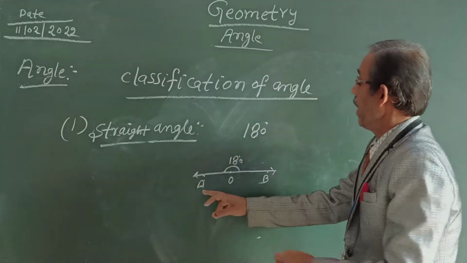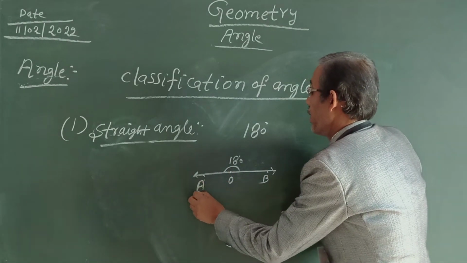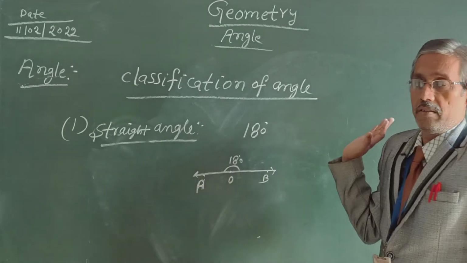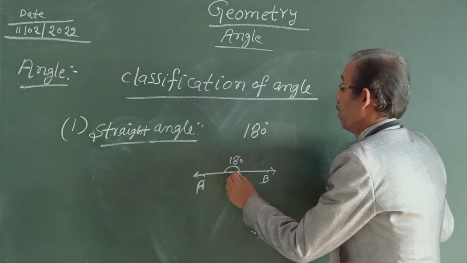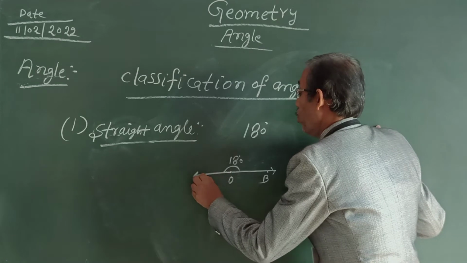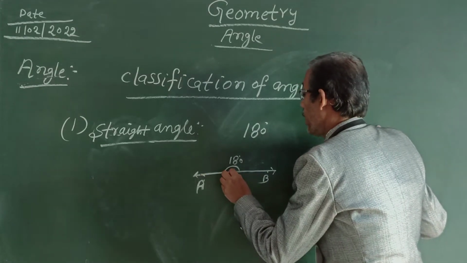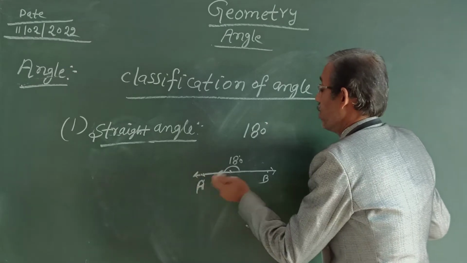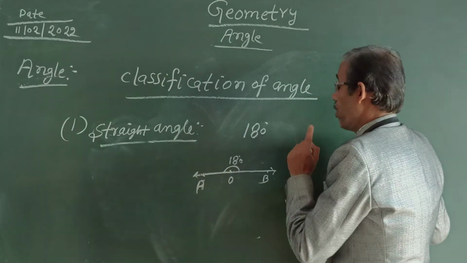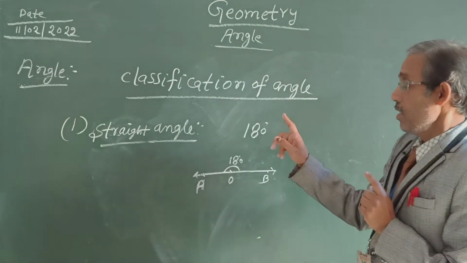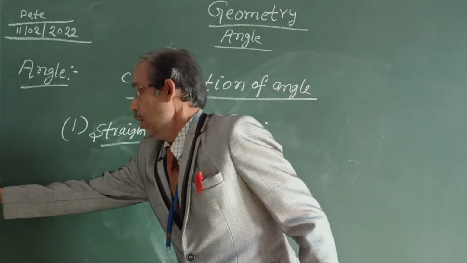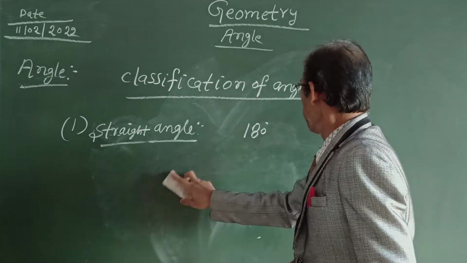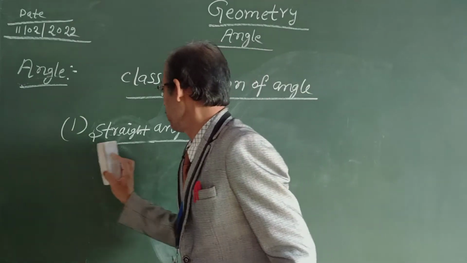From the figure, angle AOB is 180 degrees, it is called a straight angle because rays OA and OB meet at common point O.